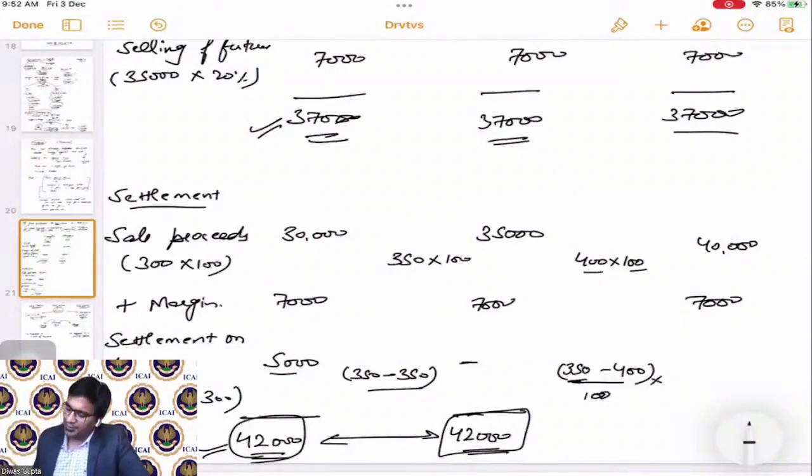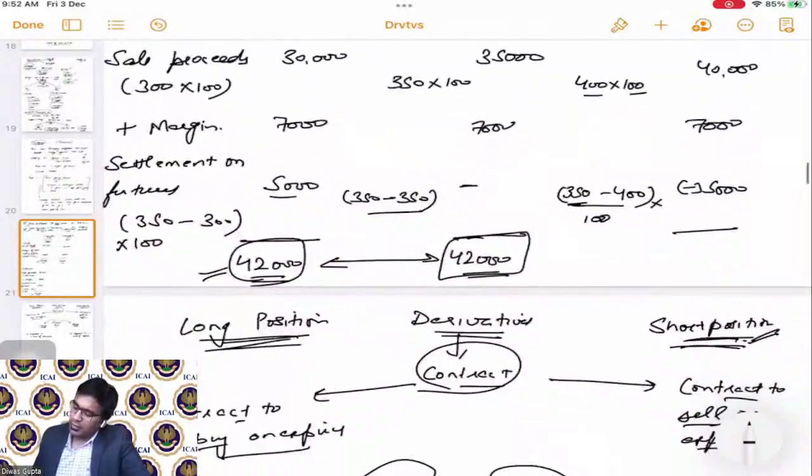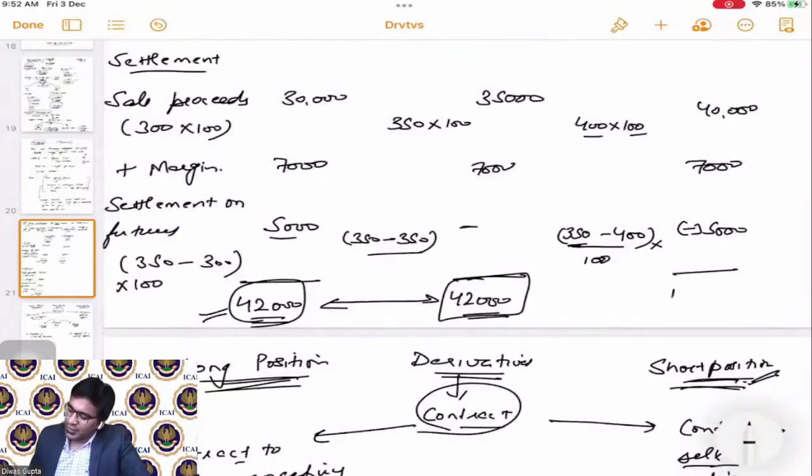Multiplying it by 100, this comes as minus 5,000. Now, if we total this, it is again 42,000. Again, surprising. This is the beauty of hedging. This is what hedging is.